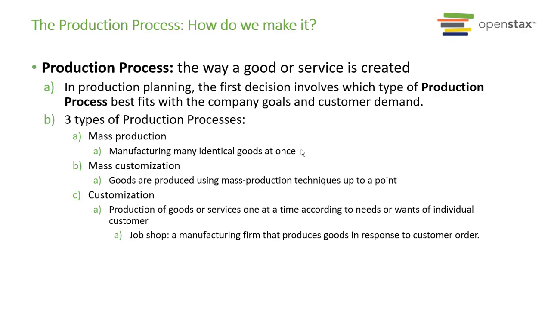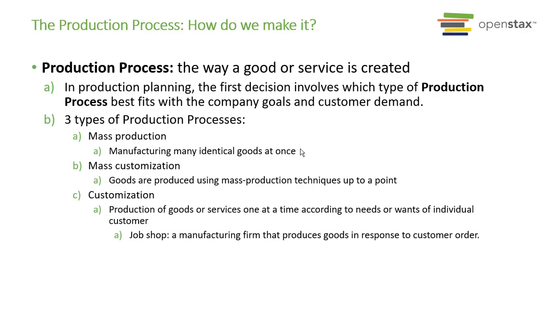Think Henry Ford Model T. Yes, you can have it in any color as long as it's black, quote. So that's mass production. The problem with mass production is maybe I want to tweak this thing. Maybe I want to modify it. Maybe I don't want it in this particular way. So this is where mass customization comes in.